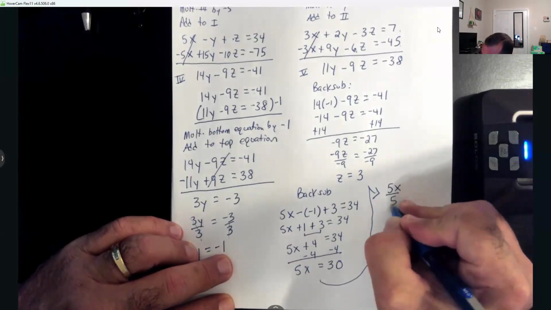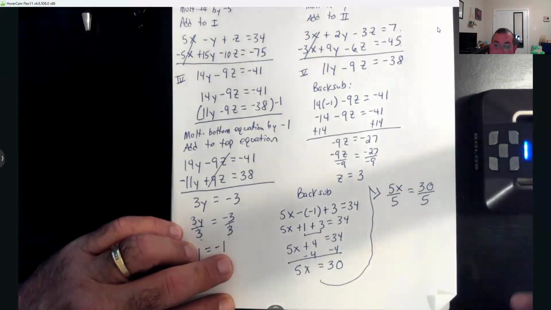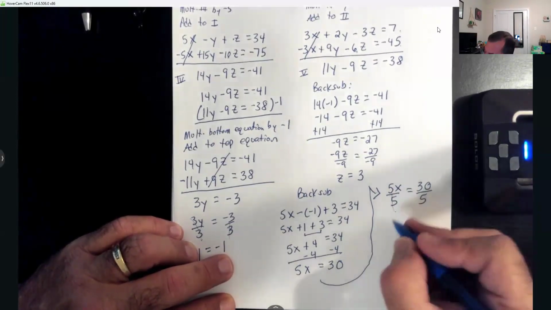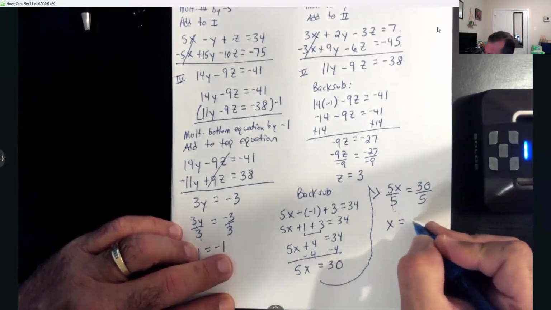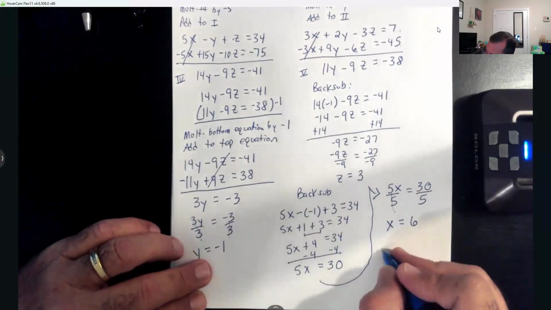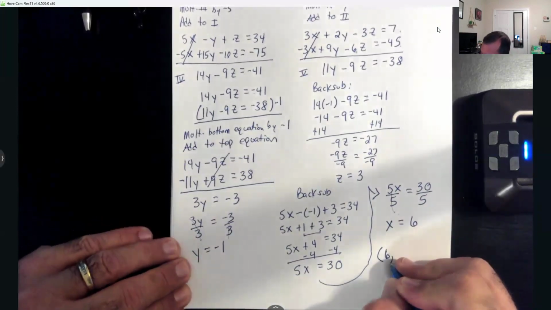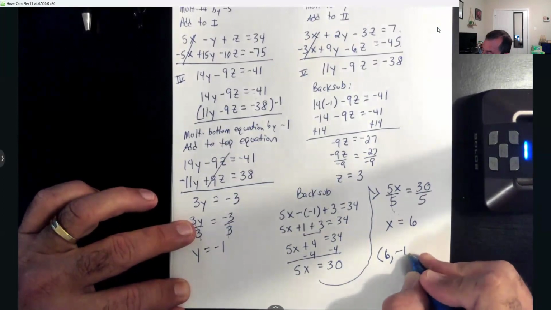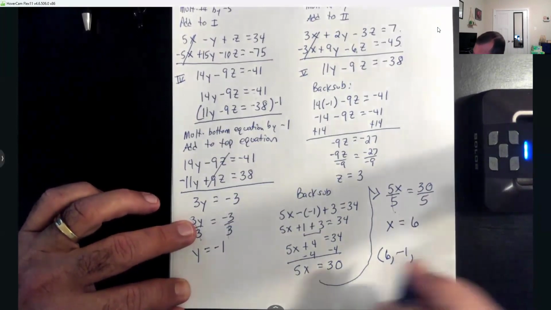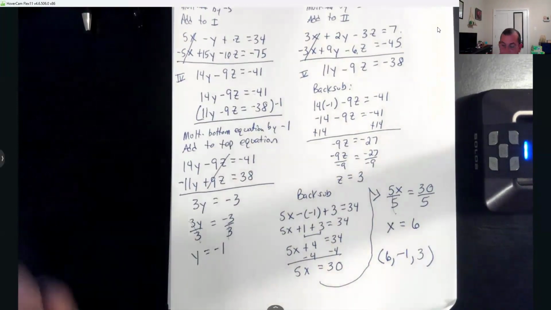So 5x divided by 5 equals 30 divided by 5. That's going to cancel, giving me my x equals positive 6. So that answers an ordered triple: 6 for the x, -1 for the y, and then 3 for the z.